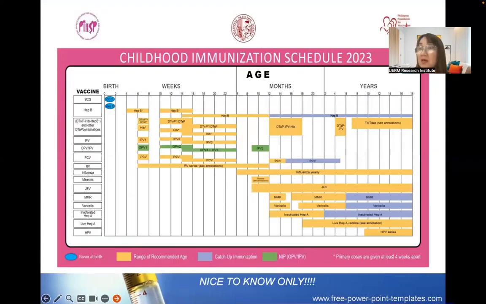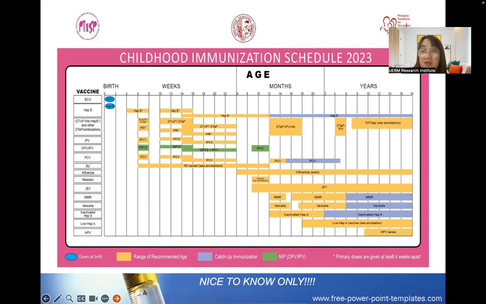So this is the childhood immunization schedule 2023 from the Pediatric Infectious Disease Society of the Philippines, Philippine Foundation for Vaccination, and Philippine Pediatric Society.